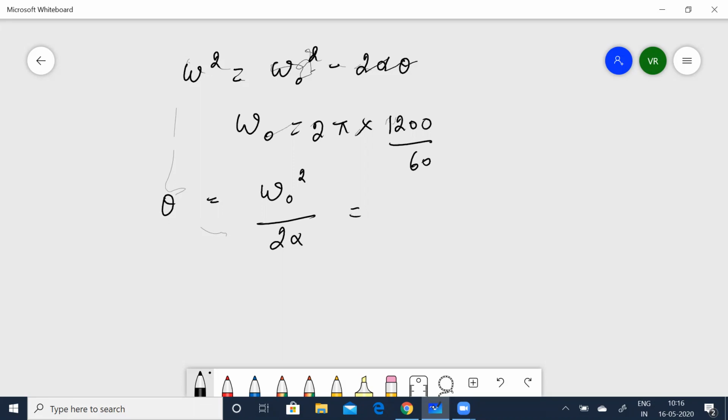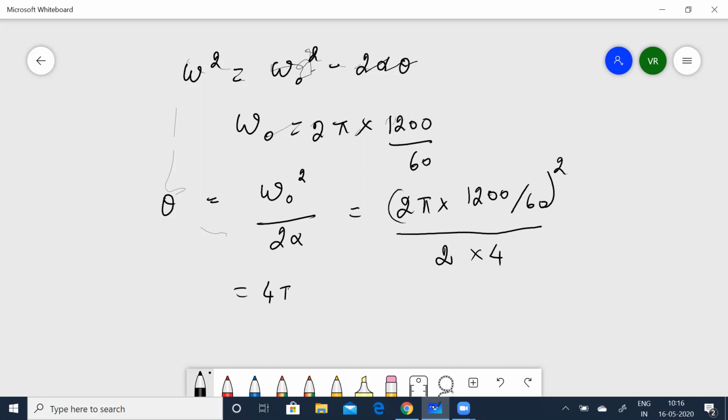Substitute the value: 2 pi times 1200 divided by 60, the whole squared, by 2 times alpha, which is given as 4. Sorry, this is now going to be the whole square. So that would give you 4 pi squared into 400. When you simplify, 1200 divided by 60 gives you 20. The whole square of 20 is 400, divided by 8.